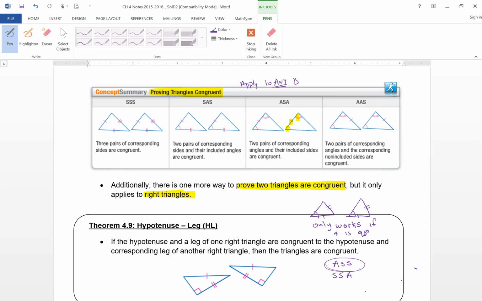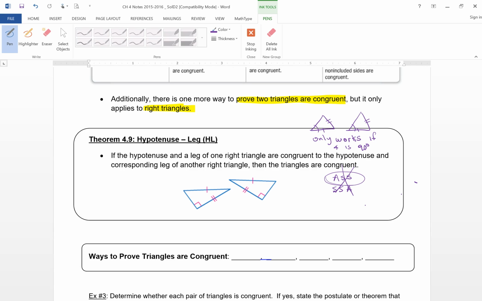I doubt it, right? So whenever you get the urge to write down ASS or SSA, which spells the same thing backwards, resist that urge. It doesn't exist.